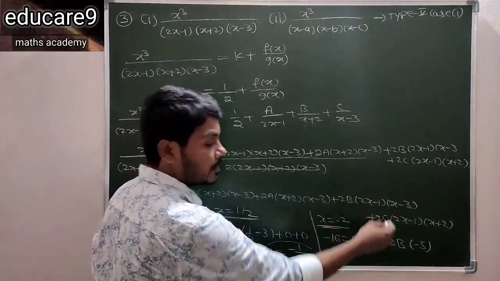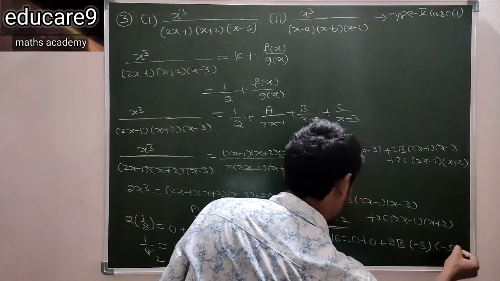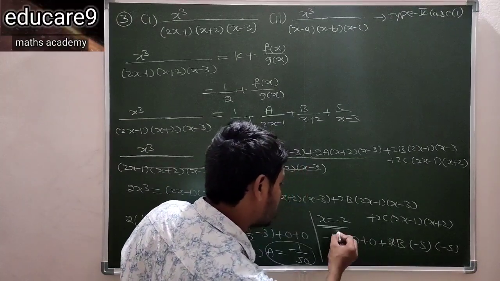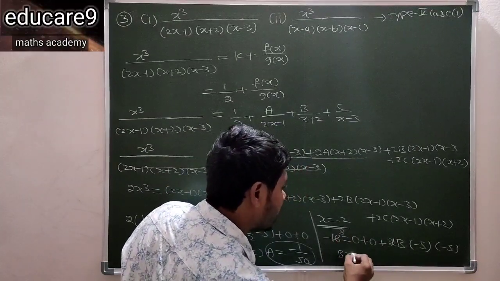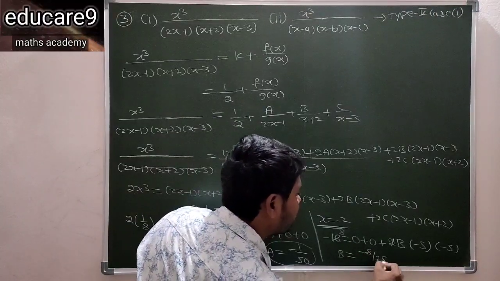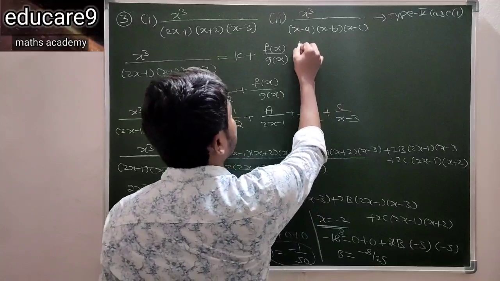Next minus 2 minus 3, minus 5. So what is b value? Minus 8 by 25.